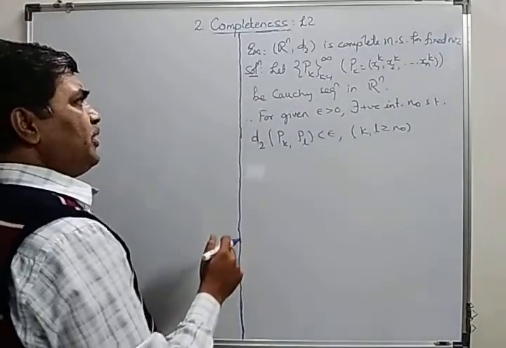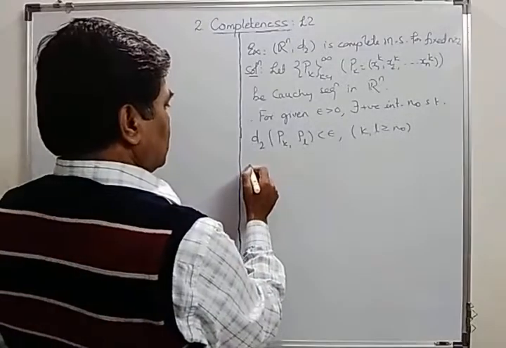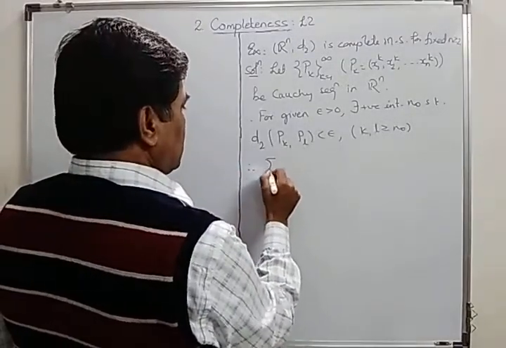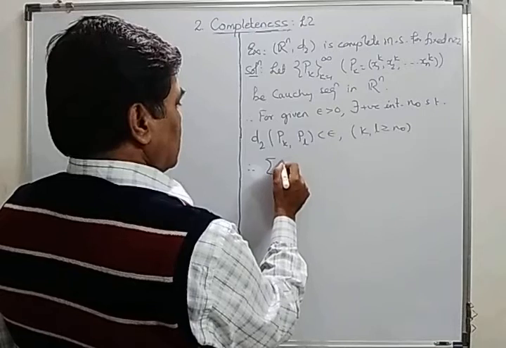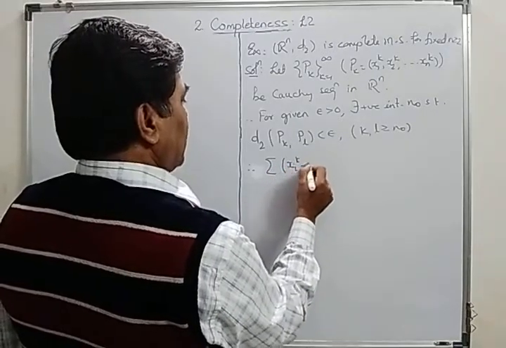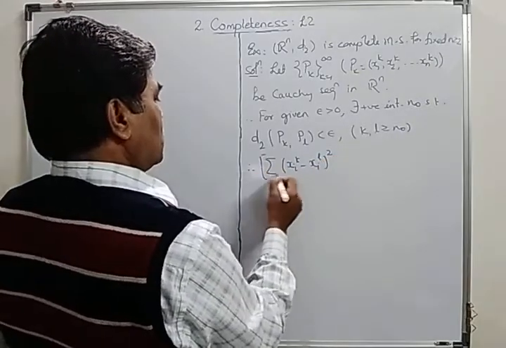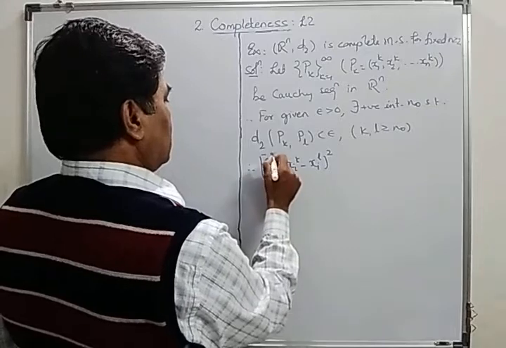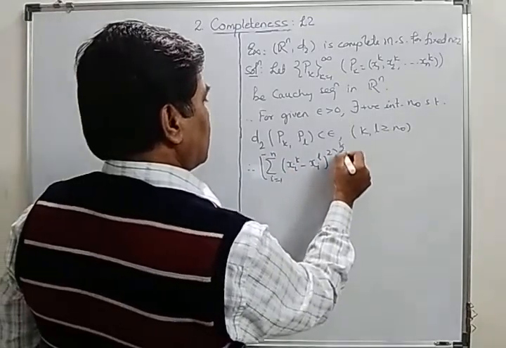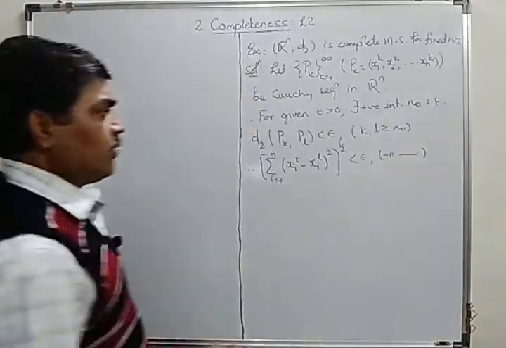By definition of d2, this is nothing but the summation of (xik minus xil) raised to 2, i equal to 1 to n, whole thing raised to half. This must be less than epsilon for any k, l greater equal n naught.